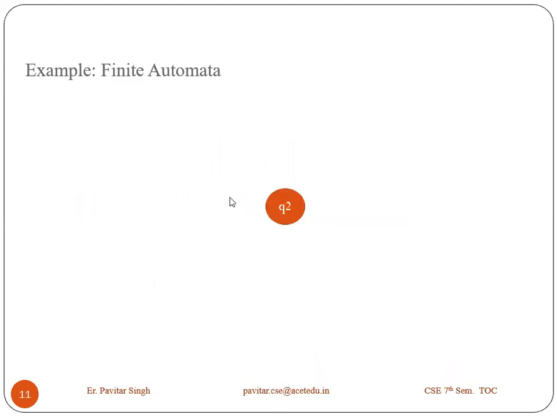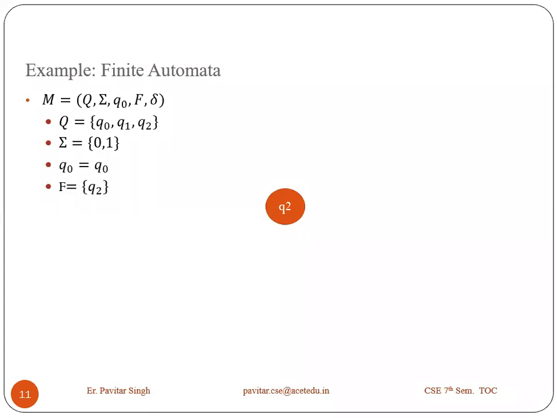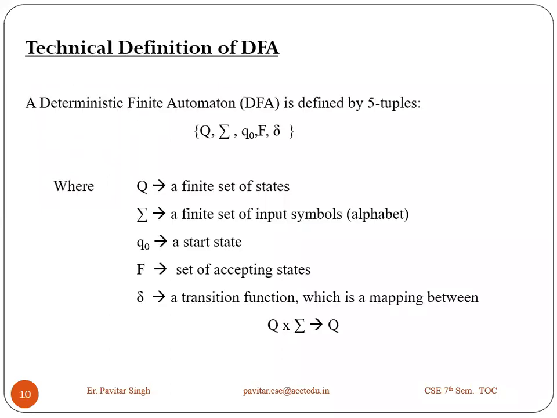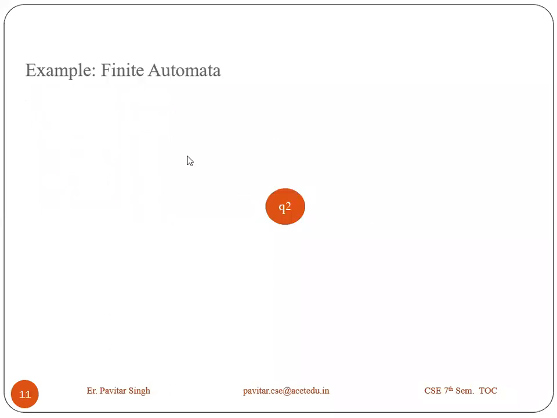So let's take an example. Here is your 5 tuples, right? The 5 tuples are represented with M: Q, sigma, delta, Q naught, F. Here Q naught is the initial state and capital F is the final state, right? I am writing each tuple one by one.